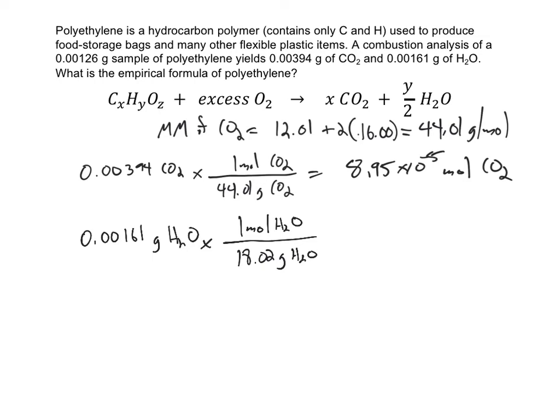Now I could do this in 2 steps. First, find the moles of water and multiply that by 2, but I'm just going to work that into this problem. So for every 1 mole of water, I'm going to get 2 moles of hydrogen atoms.